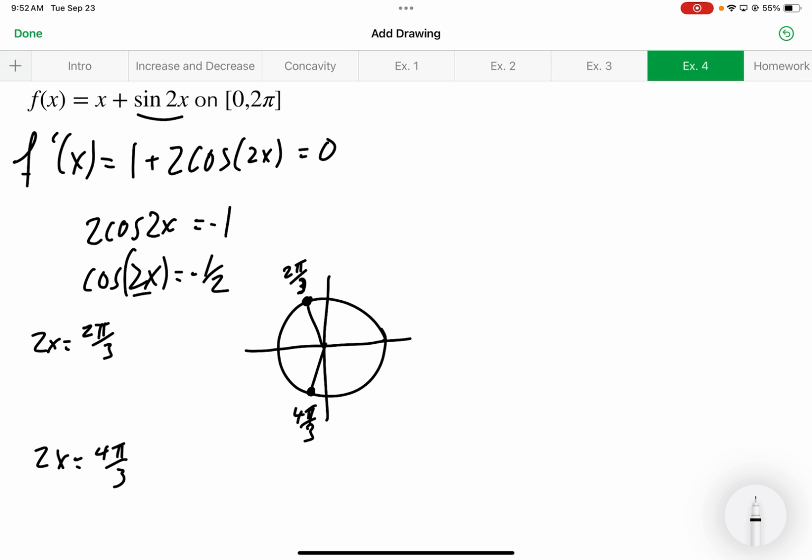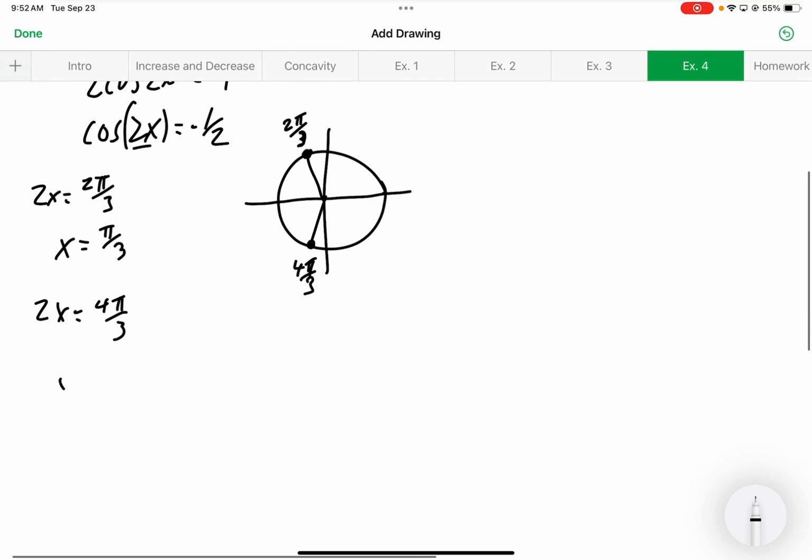Then I need to solve those little mini equations by multiplying both sides by 1/2 or dividing both sides by 2. That would give me x equals pi over 3 for the first one. And for my second one, I would get x equals 2 pi over 3 if I multiply it by 1/2. Are you guys okay with that? I didn't show that 2 canceling out, but I know you guys are capable of that.